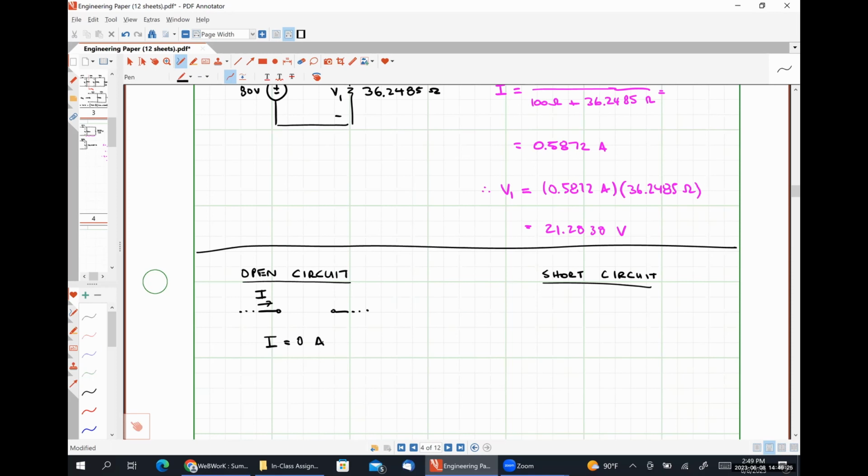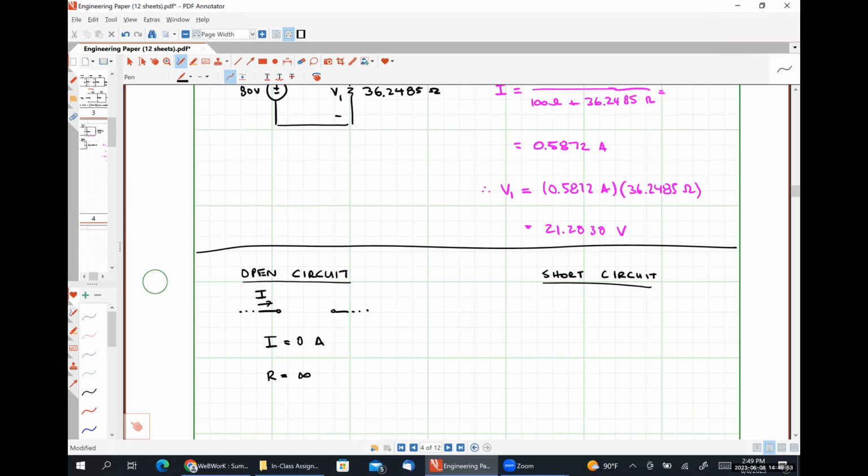So since no current can flow through it, what should the resistance of an open circuit be? Would it be like infinite? You're exactly right. For an open circuit, it appears as if it's an infinitely large resistance. 100% correct.